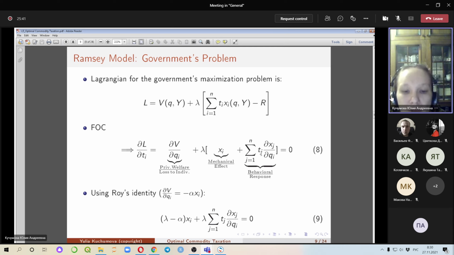Therefore we will have lambda minus alpha, multiplied by x_i, plus lambda multiplied by the sum over all g of t_g times the derivative of x_g with respect to q_i, equal to 0.